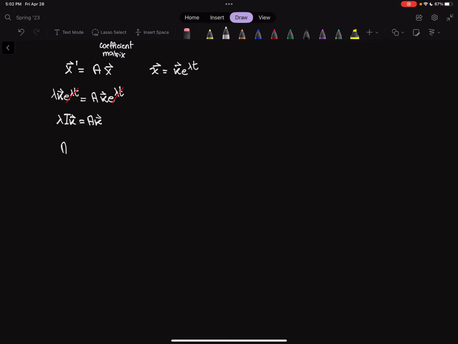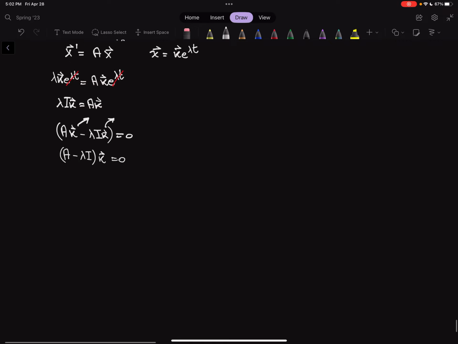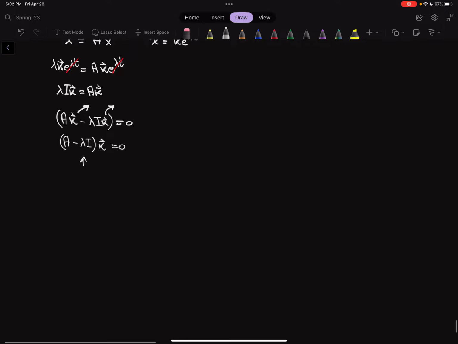Then I can say A K minus lambda I K equals 0, and I can factor out this K, which means I'm going to get A minus lambda I times K equals 0. And this is the eigenvalue problem. So this is what we're trying to find right now.